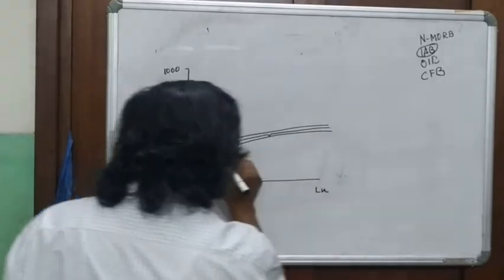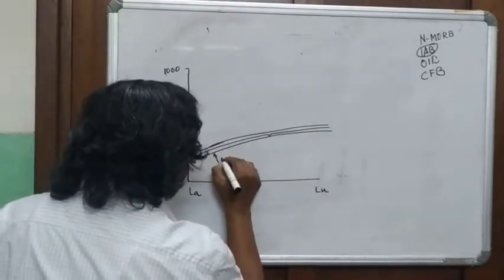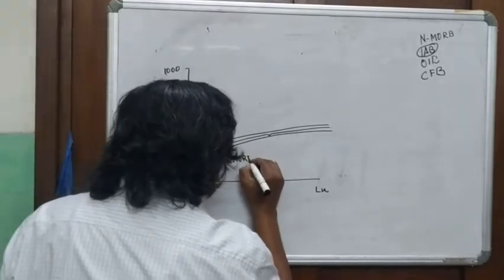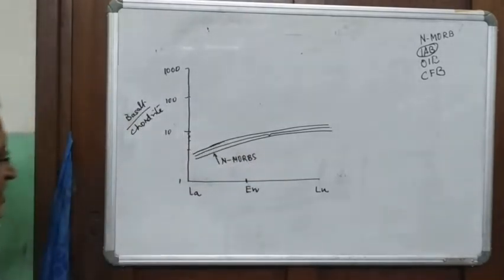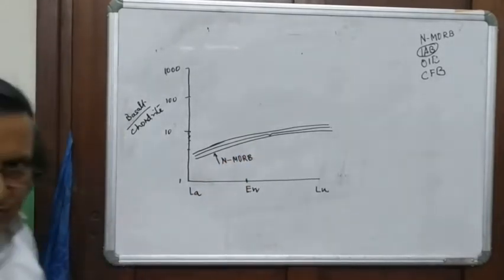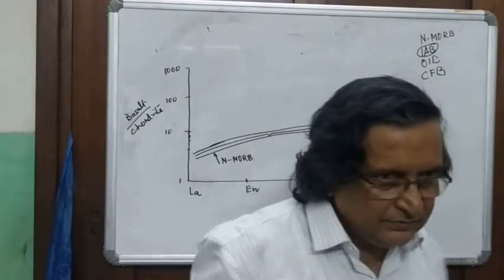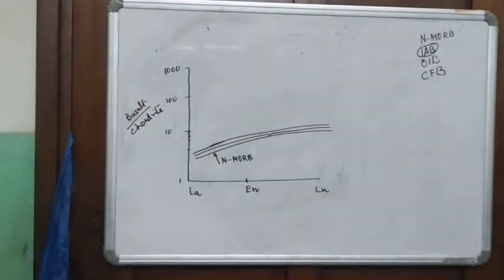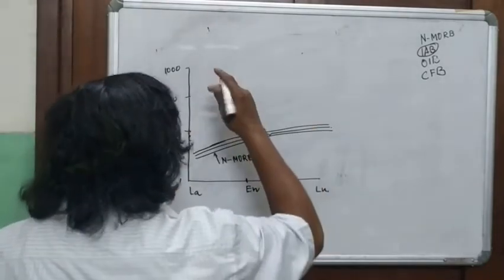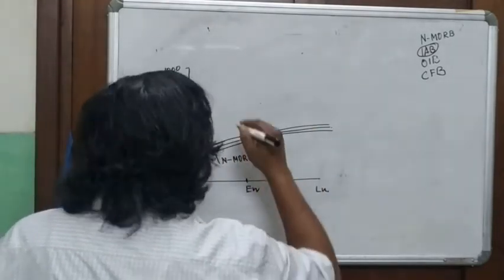These are N-MORBs. And then you have a wide range. Let me not distinguish. Let's go into the major problem here.